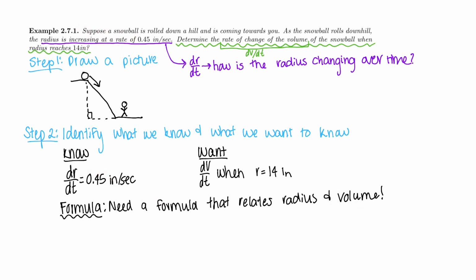That's important because it's a spherical snowball. The formula that relates the volume of a sphere and the radius of a sphere is V equals 4/3 pi r cubed. This is the volume of a sphere formula. Four-thirds pi r cubed.